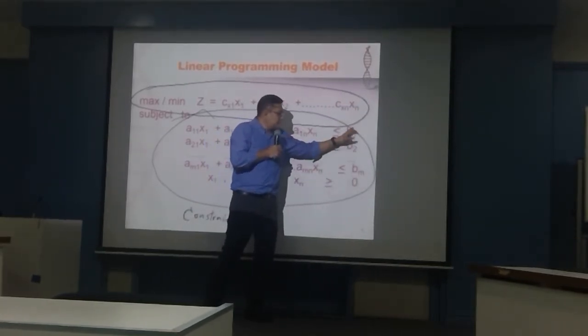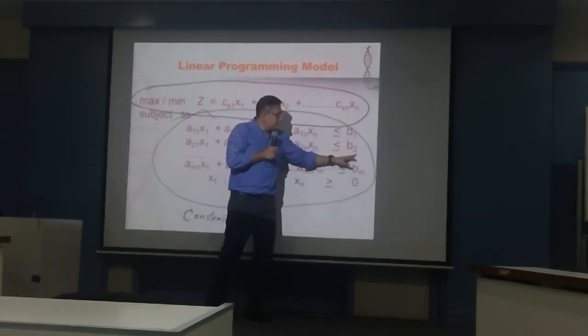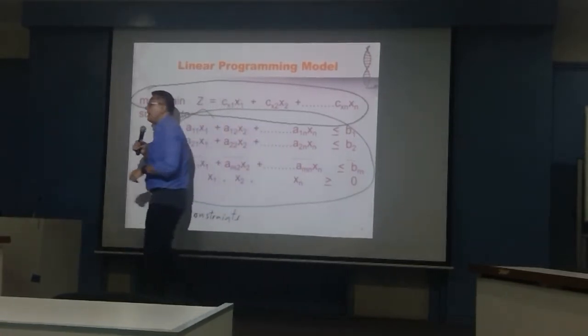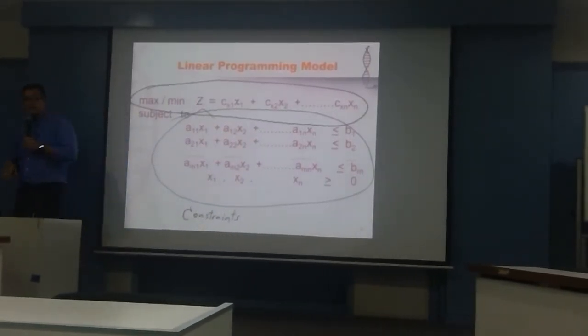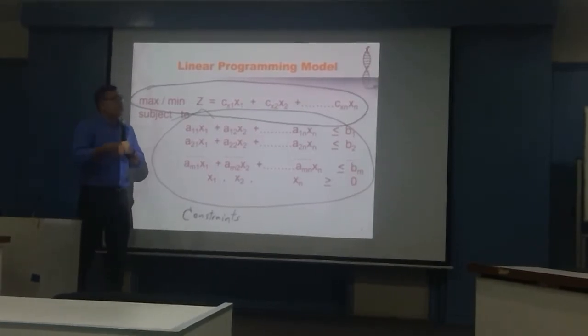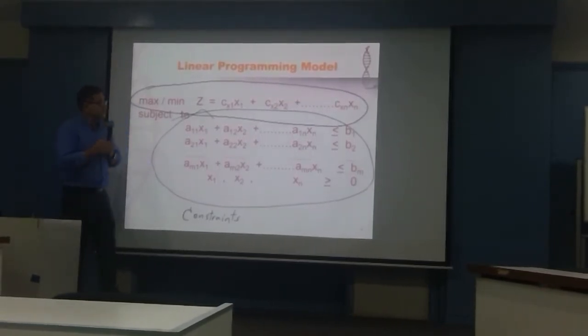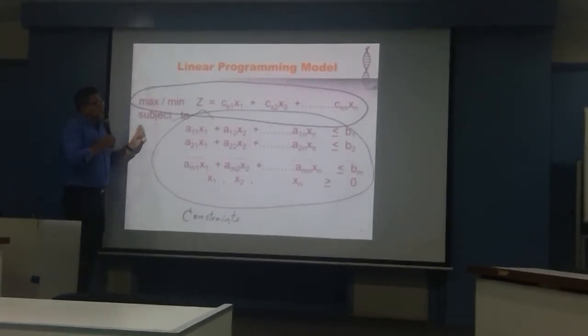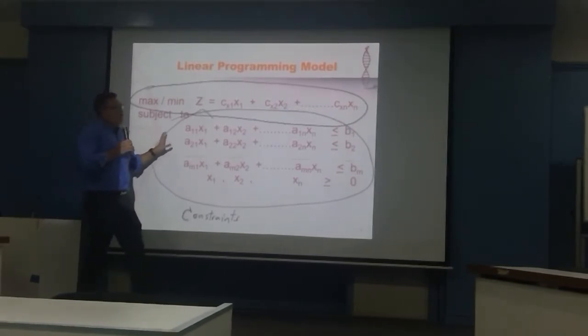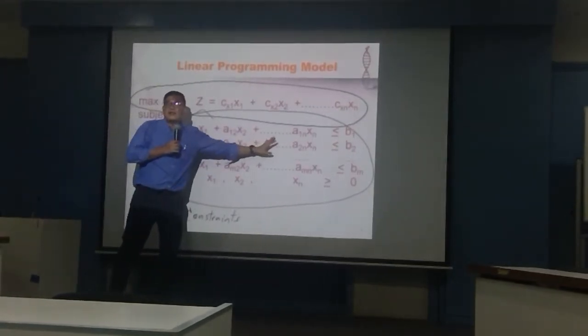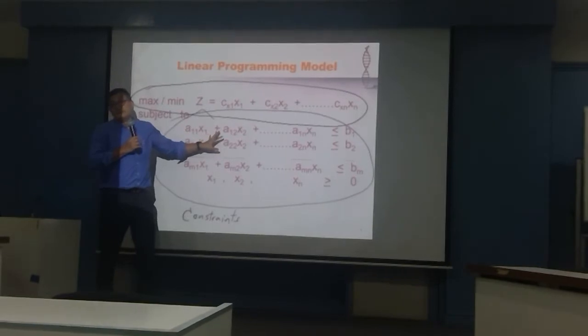And the next one on the right-hand side, B1, B2, and Bm, we call the right-hand side value. This is the amount of resources that you have: amount of budget, amount of raw material, amount of labor hours, machine hours, something like that. Based on the constraint, the relationship or the fact on the left-hand side you cannot change because this is the real one.